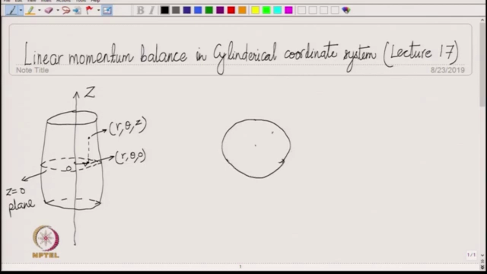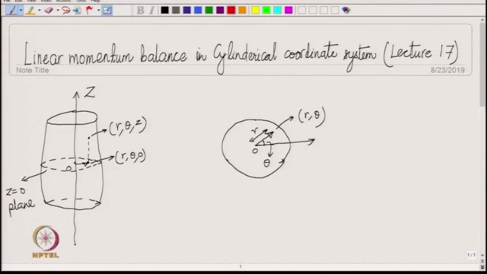Any projected point has coordinates little r, little theta, and there will be a baseline here. When we join this projected point from the center O, this line will make an angle theta from the baseline, and the length of this line would be small r.